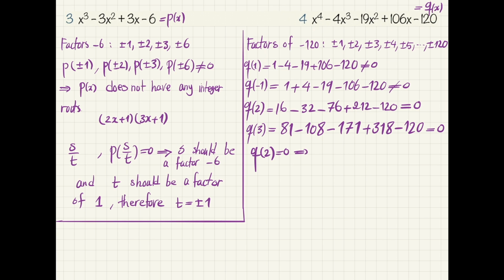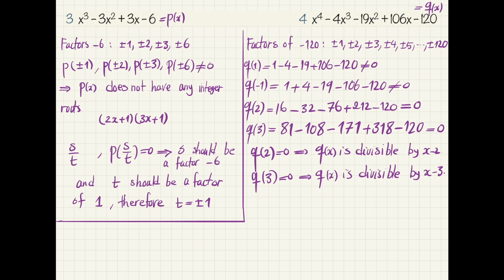So let me stop here, because now I know that q of 2 is equal to 0. This means that q of x is divisible by x minus 2. We realize that q of 3 is also 0, so we say that q of x is divisible by x minus 3 as well.